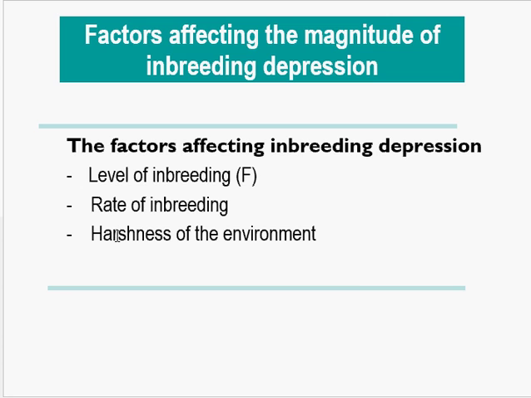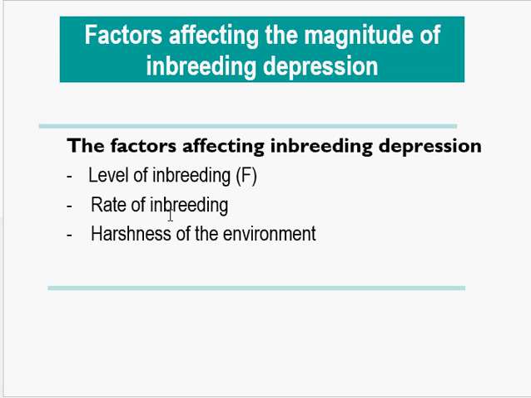The rate of inbreeding is going to be affected by the size of the effective population. If you have a large effective population, then it doesn't matter. You can sustain a certain amount of inbreeding, and it may actually be a benefit to the population because it purges the population of deleterious alleles.